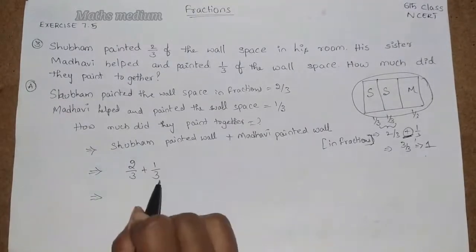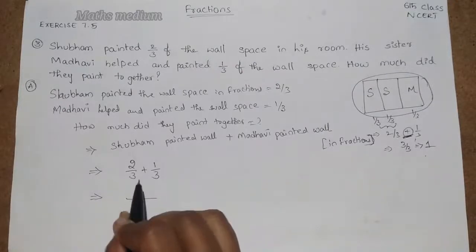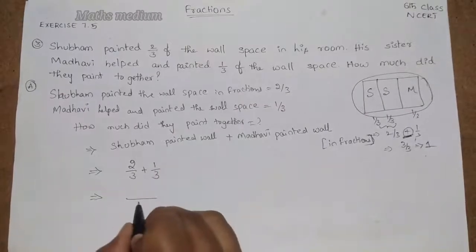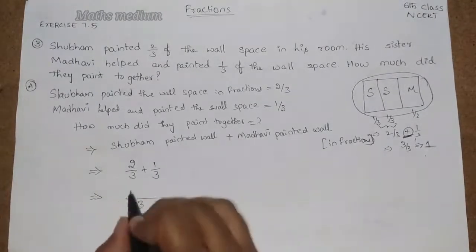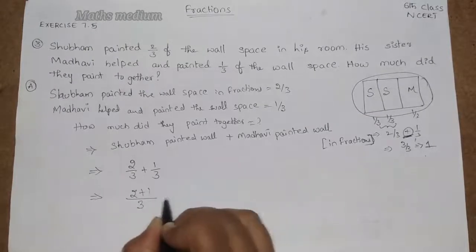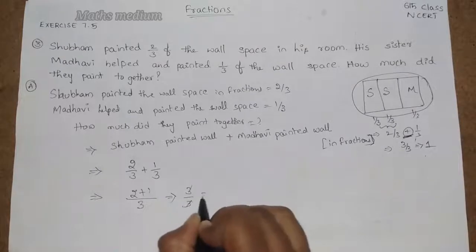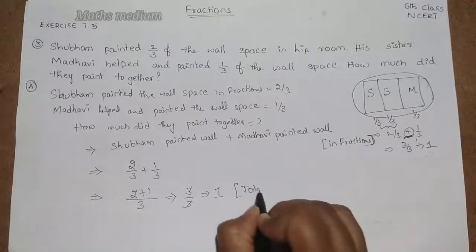Here these two are like fractions, right? In like fractions we get the answer easily, either it is addition or subtraction. So let's take the denominator as 3 because these two denominators are the same. Next, numerator also 2 plus 1. From this we get 3 by 3. 3 gets cancelled, 1.